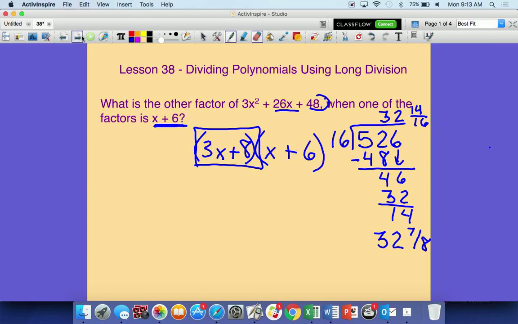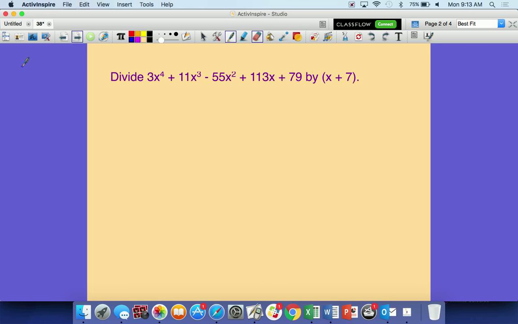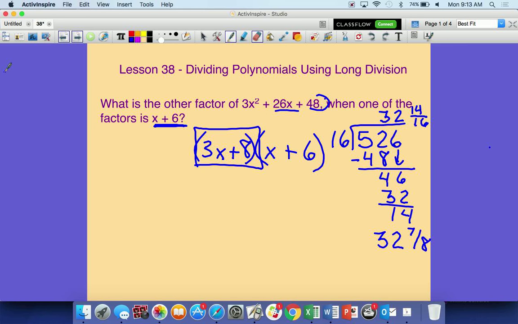Alright, but not always are you going to have that. Say this one right here, I don't know if it can go in evenly. So it's going to be very similar to this one here then, where we might have a fraction left over at the end. In fact, one thing that I can tell from this problem here is 6 goes into 48.